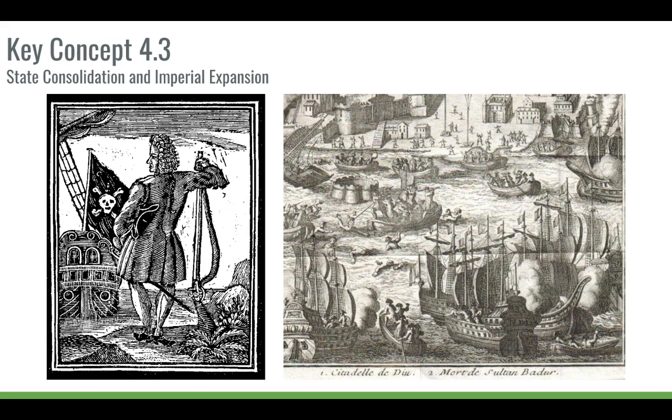And yes, I know it's a movie, but pirates wreaked havoc on the periphery of these empires, out of the reach of British, French, or Spanish navies. Sometimes they were even granted, as the British did, basically safe harbor in certain British regions if they agreed to attack Spanish or French ships.